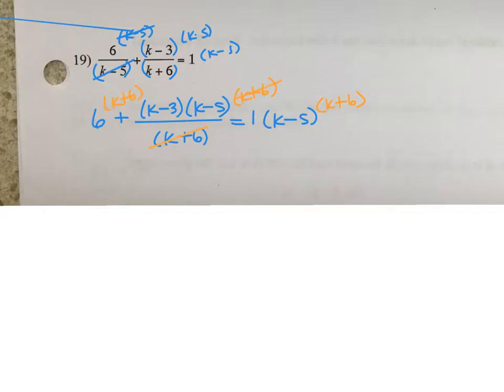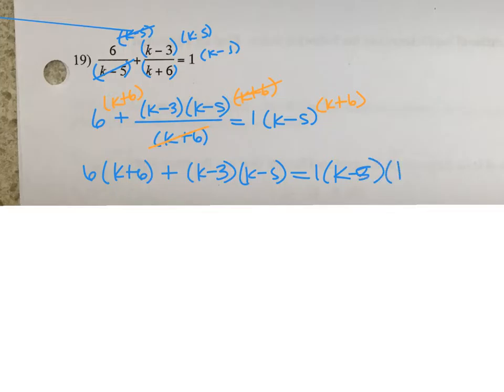Remember, they cancel. So I'm going to be left with 6 times k plus 6 plus k minus 3, k minus 5 equals 1, k minus 5, k plus 6. Now notice that was 2 steps, and now my denominators are completely gone.